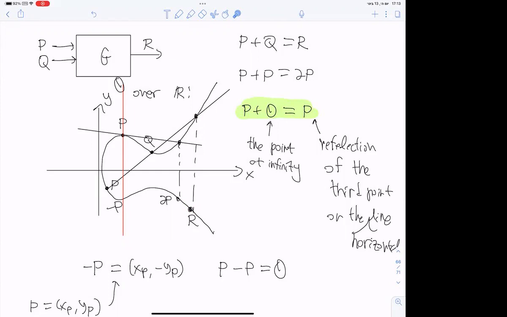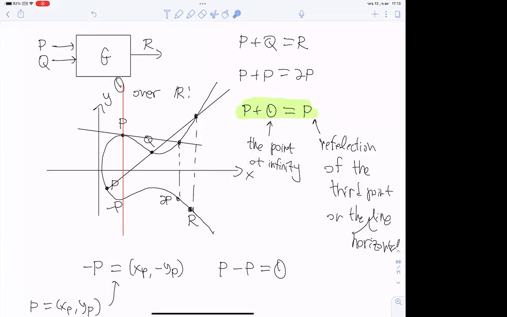If we compute P plus the neutral element, which is the point at infinity, the line gives the third intersection, which wouldn't result in P. You want P plus O to be P, so you reflect, and then P plus O turns out to be again P. This is what we want because this is the neutral element.